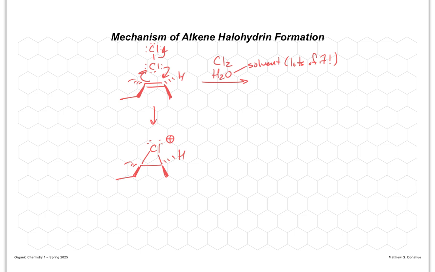So this is using chlorine, so that's called a chloronium ion. And so we have a choice because the water is going to attack from the opposite face. In the green arrow, I'll show that's the preferred path.